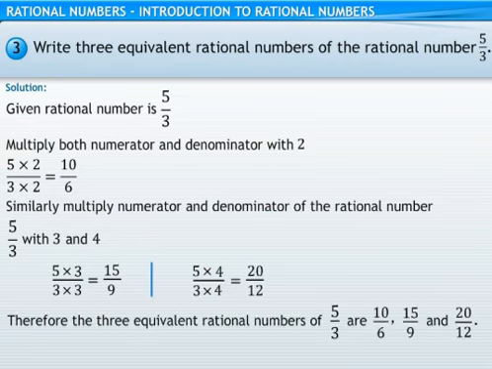Ten divided by 6, 15 divided by 9, and 20 divided by 12 are the 3 rational numbers equivalent to 5 upon 3.